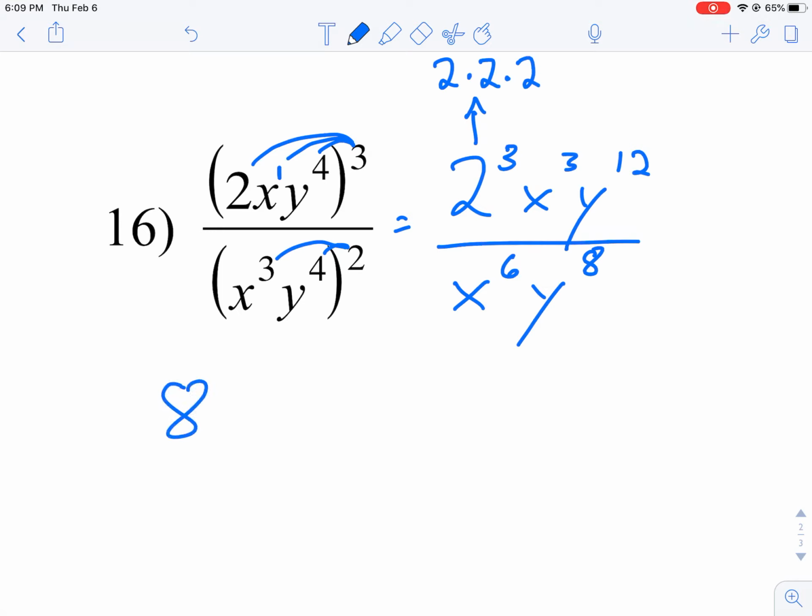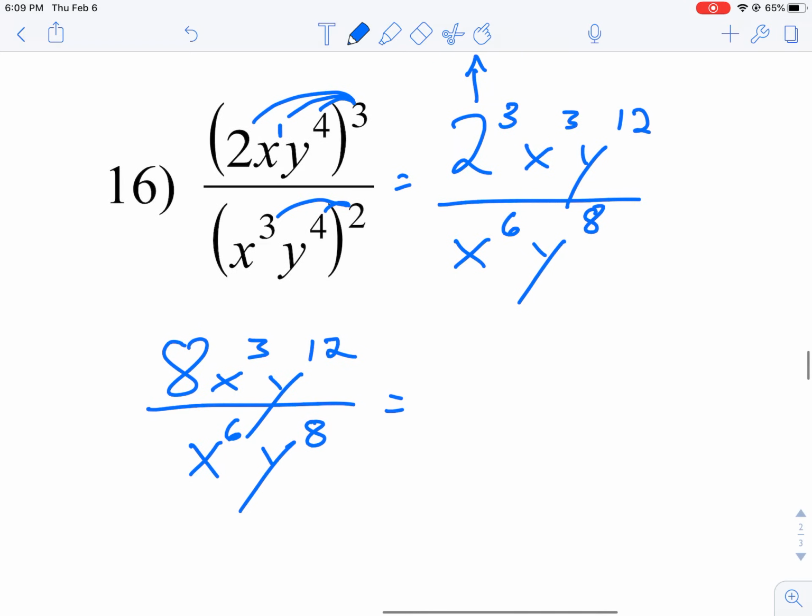So that is 8, x to the 3rd, y to the 12th, over x to the 6th, y to the 8th. Let's simplify our variables now. 8 is going to stay where it's at. Nothing's going to cancel out with it. I've got x to the 3rd over x to the 6th, so I've got 3 on top and 6 on bottom.